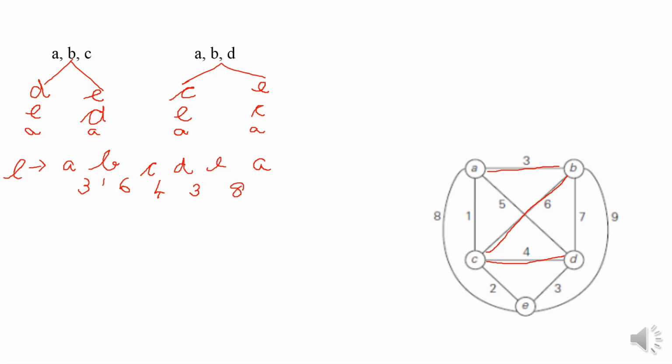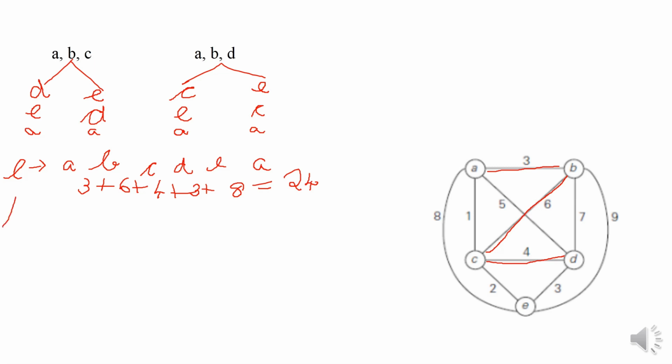So if we take the sum of these, we get the value 3 plus 6 is 9, 9 plus 4 is 13, 13 and 3 is 16, 16 and 8 is 24.